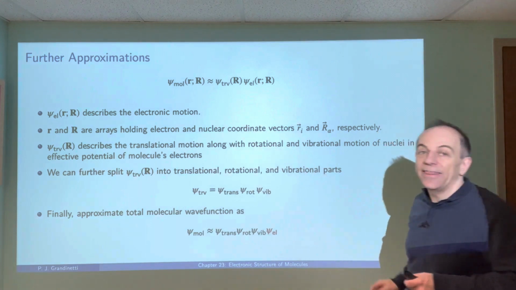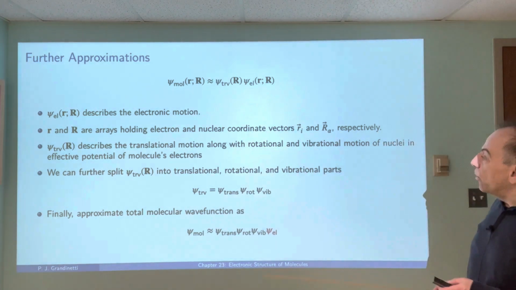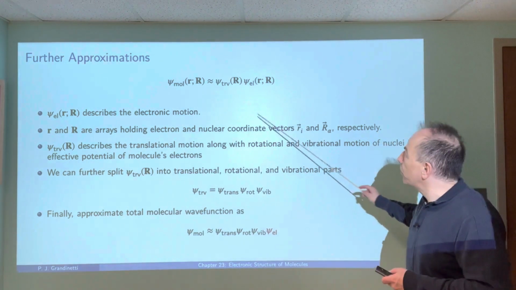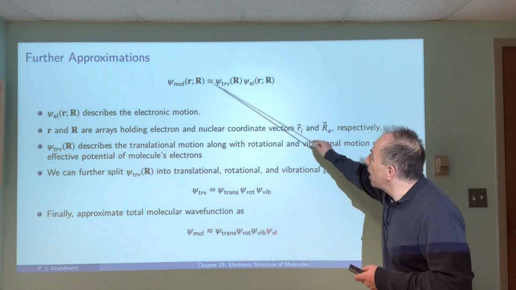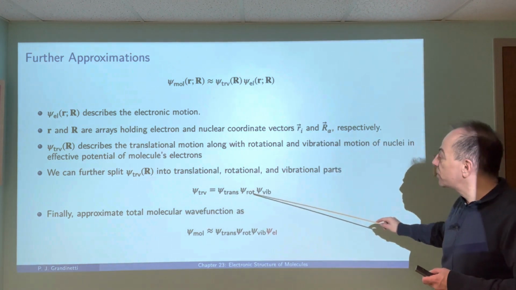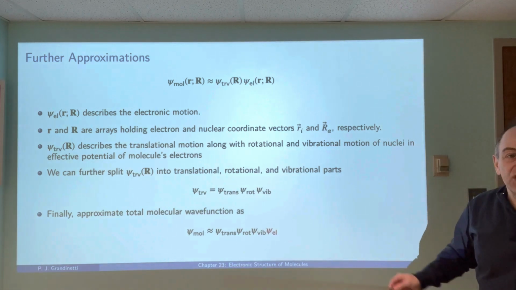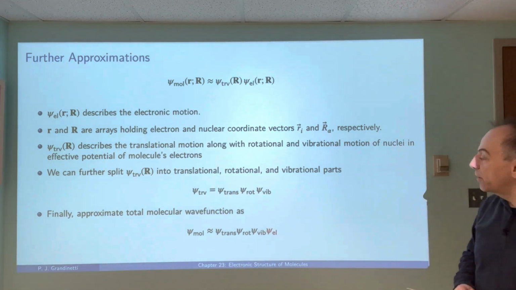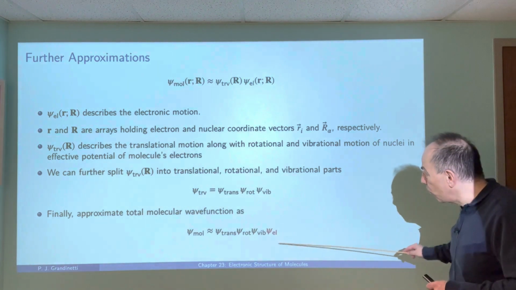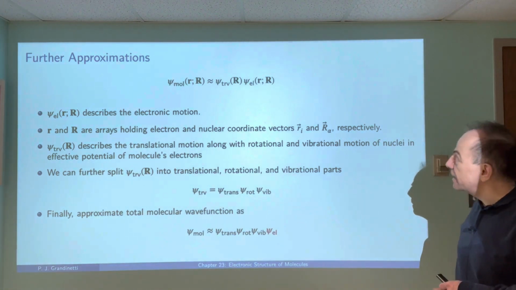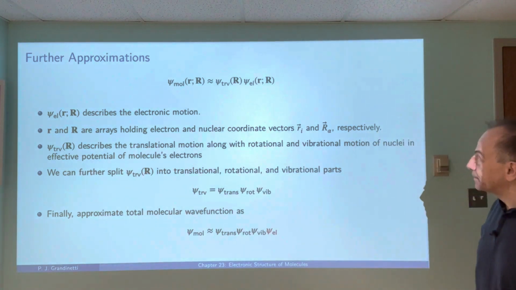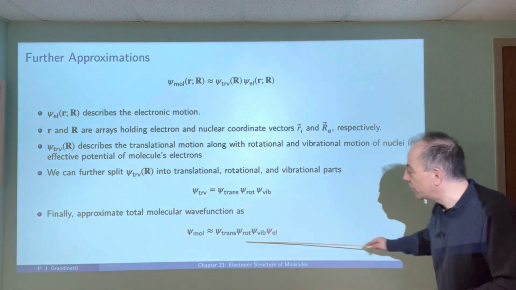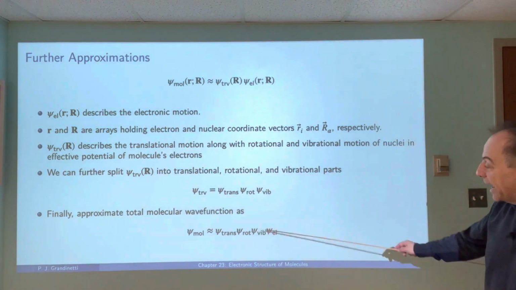So we're going to focus on this electronic part, and this other part here, which has the translation, rotation, and vibration, we've pretty much solved already in the earlier chapters in the class. So we're just going to focus here on the solutions for the electronic part of the molecular wave function, knowing that we can write the total wave function as this product.